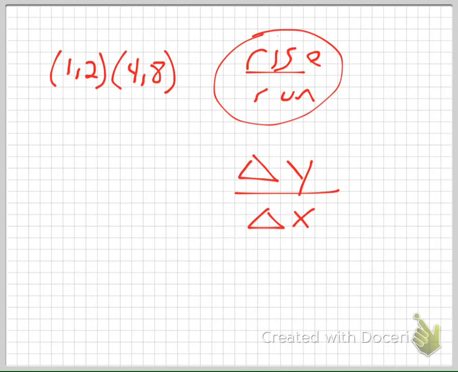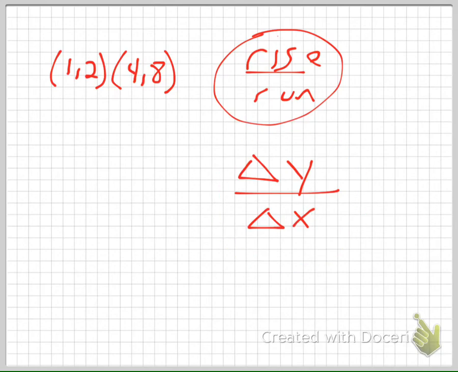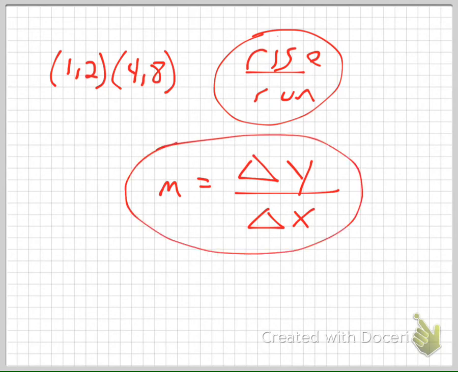This is called the slope formula. This is how you figure out the slope without actually having to graph it. You would go m equals. You know what m stands for? Slope. So m equals triangle y over triangle x.